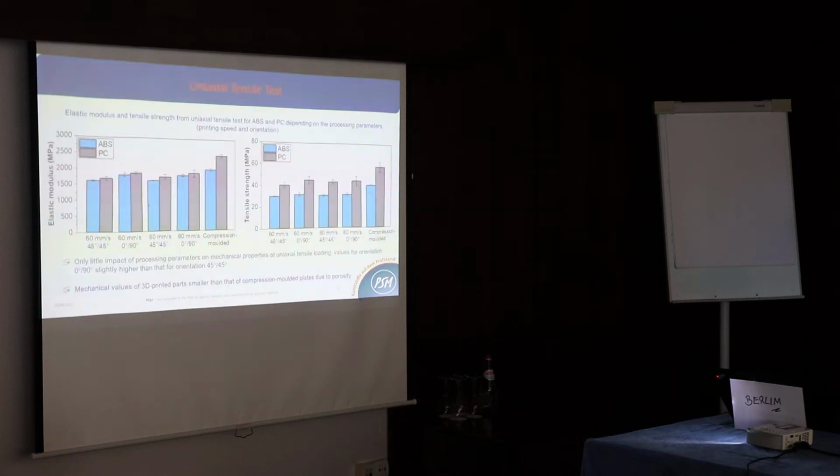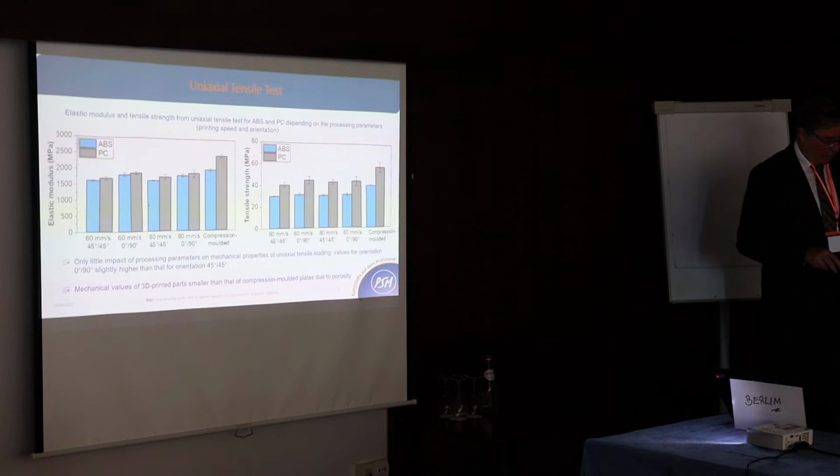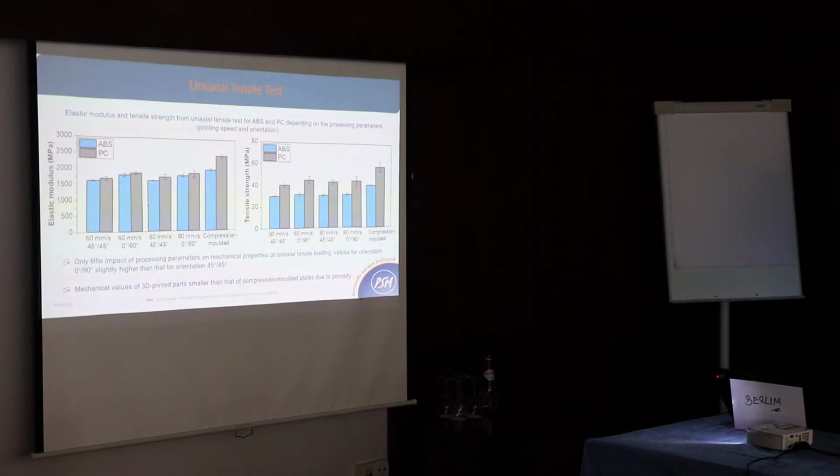And now we come to the tensile test. Mostly, if you look into the literature, you find that most results are obtained only related to the tensile test. If you do so, you find it looks well, you have no big changes related to the processing parameters. They look always the same compared to the elastic modulus or the tensile strain, maybe for the PC and the ABS.